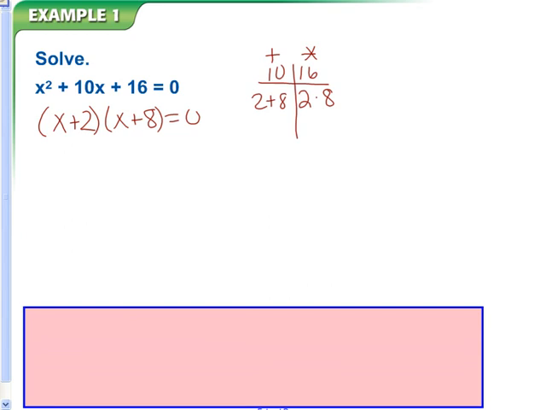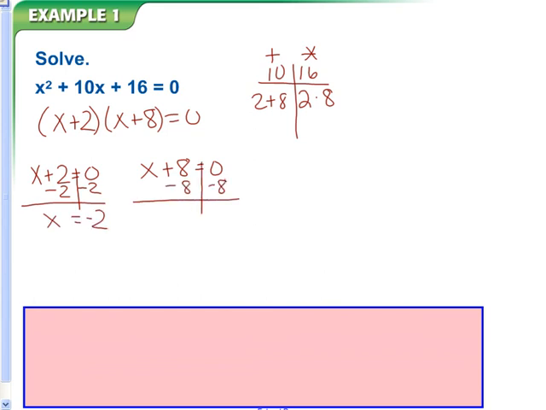The only way to get 0 when you're multiplying is the first term has to be 0, or the second term has to be 0. So we'd solve this. Most of you can do this in your head, but this is the work. So our two answers are negative 2 and negative 8. So we could write it out as negative 2, negative 8.